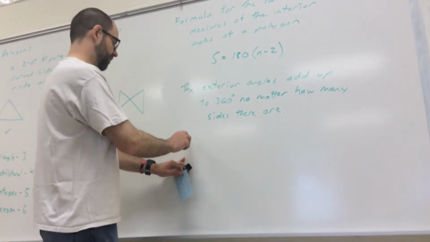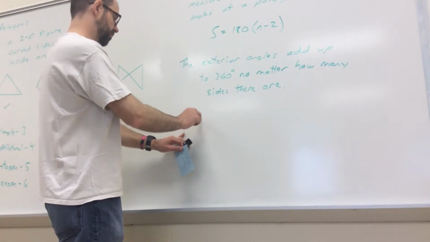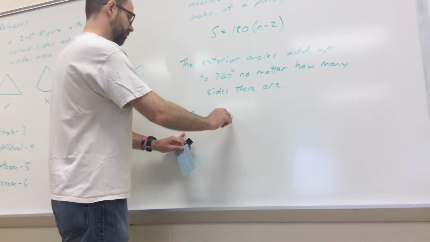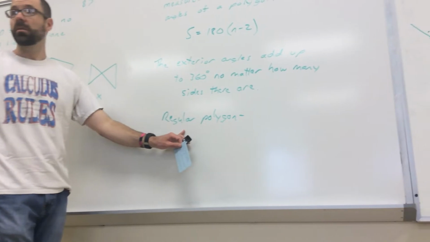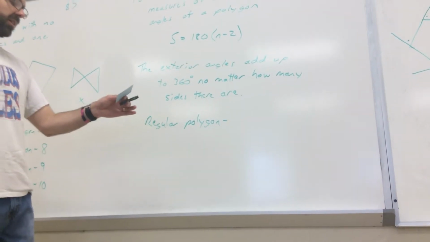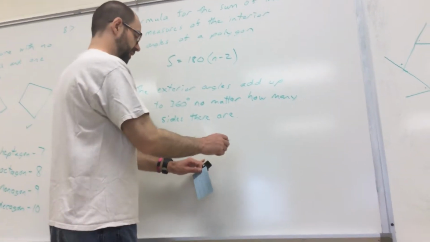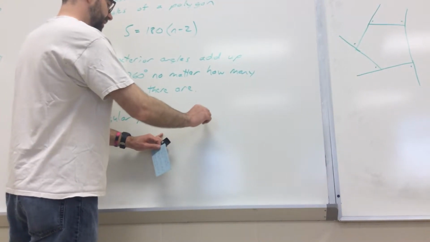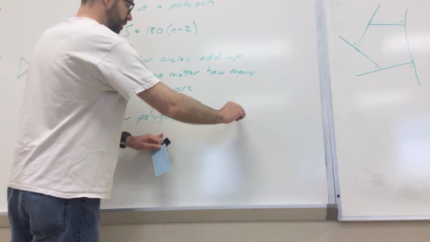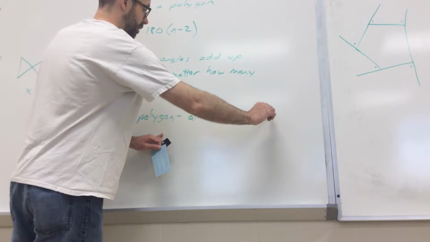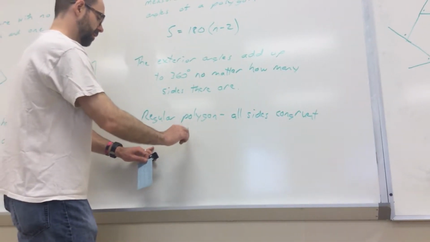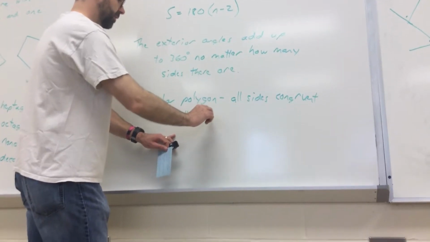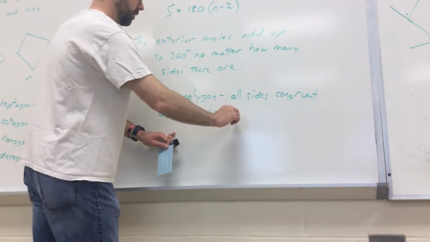All right, last vocabulary word for today. This is a regular polygon. A regular polygon is a polygon that has all sides congruent and all angles congruent.